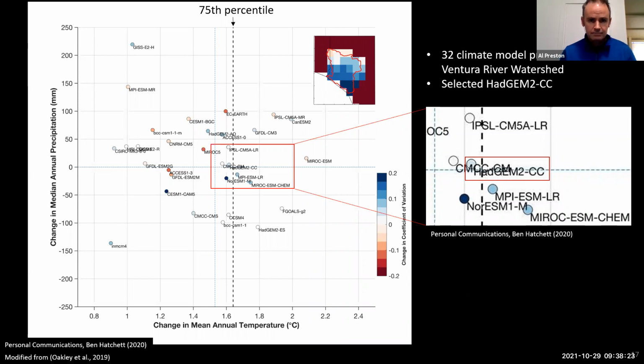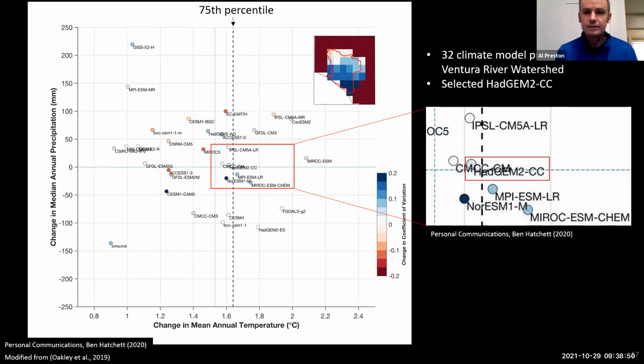You can see the models are largely scattered around the crosshairs in the center of this plot. Out to the right, we've zoomed in on the center, and there's a handful of models close to the center. The one that we selected to move forward with this modeling is the HAD-GEM2 CC model, shown very close to the crosshairs there.